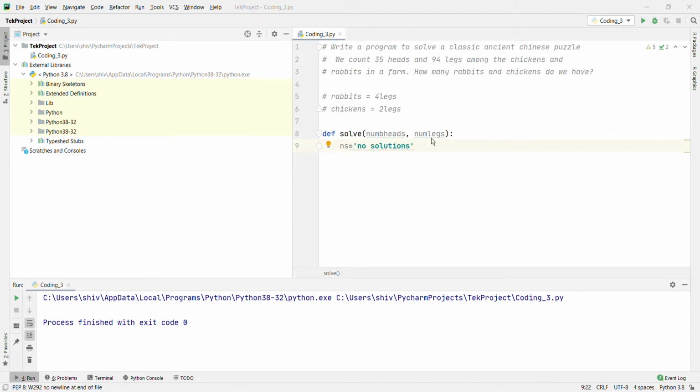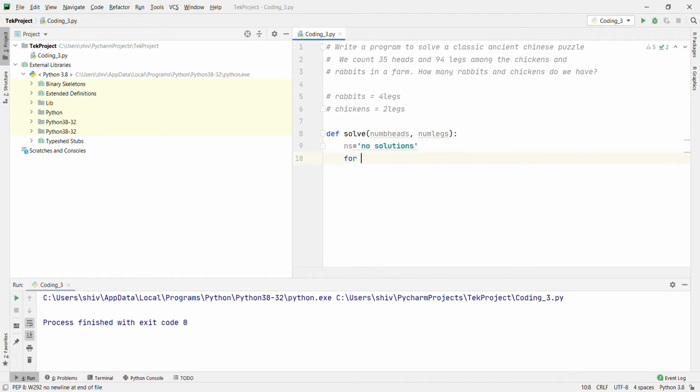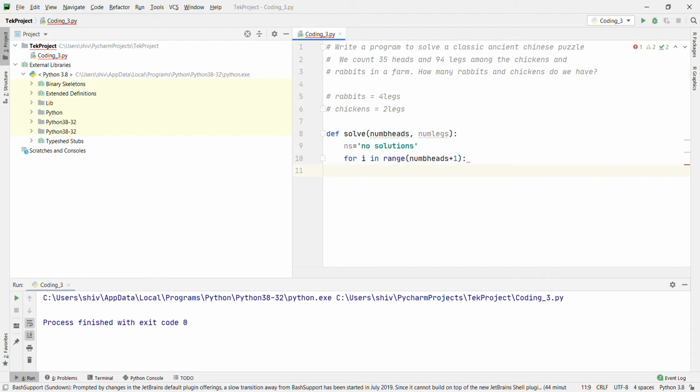Now we use a for loop, i in range number of heads plus 1, because the range starts from zero, so we add 1.